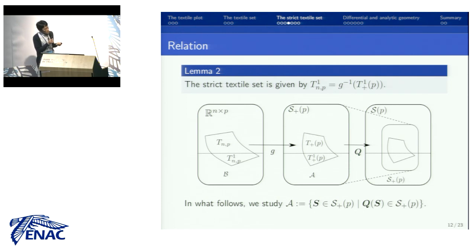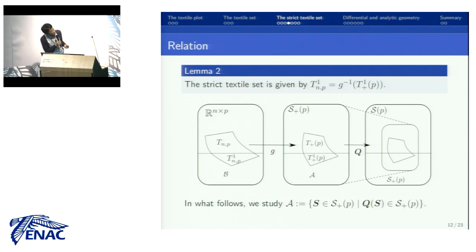Here is the image of the relation between these objects. So T sub NP is the textile set, and T NP1 is the strict textile set, and they are inverse images of the corresponding objects in the space of positive semi-definite matrices.